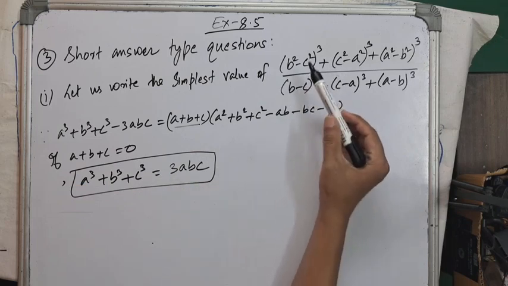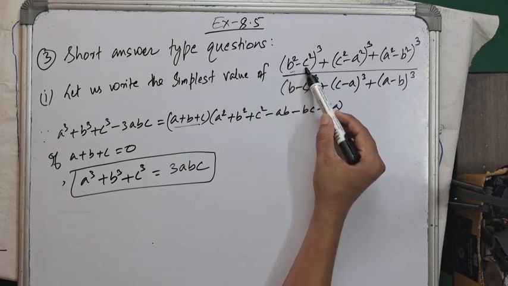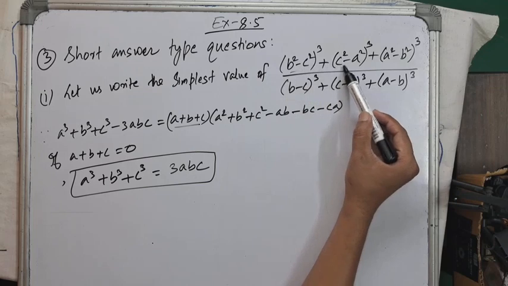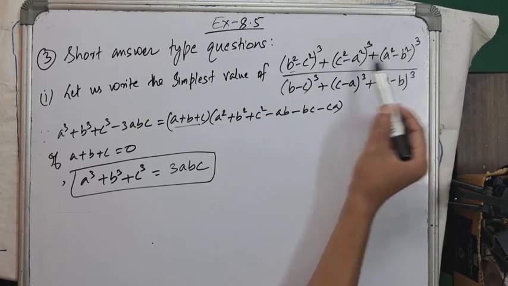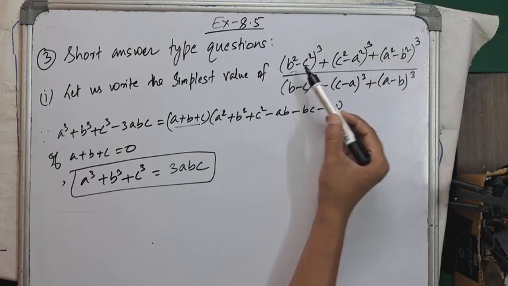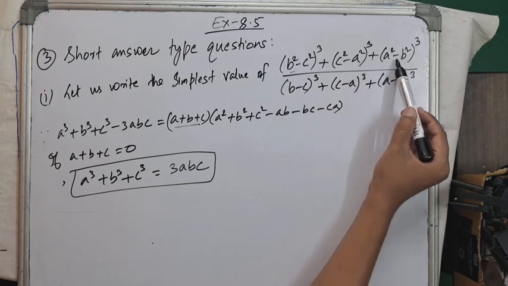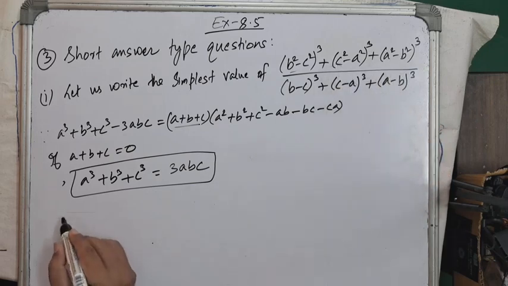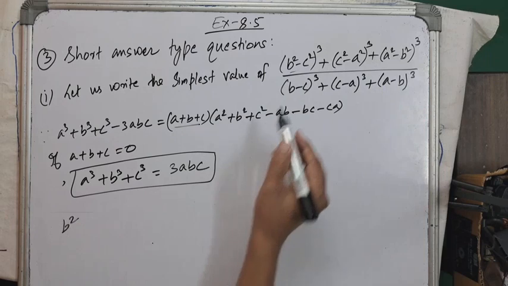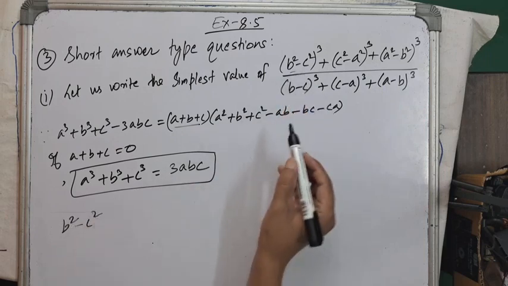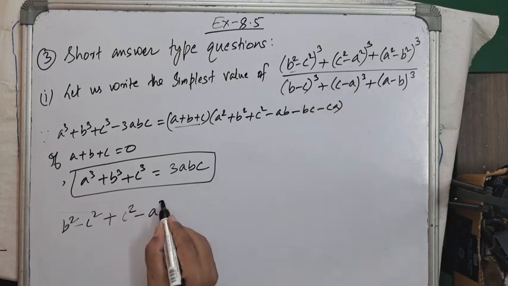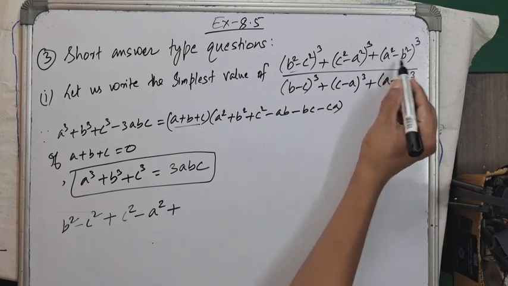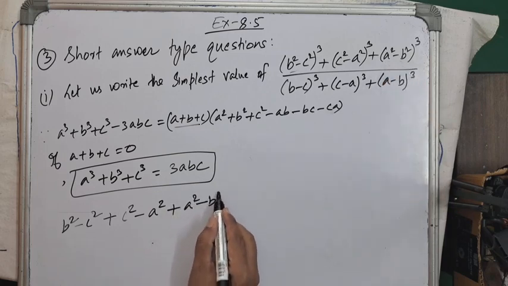Now we will find the value of this expression. First let's understand: let's suppose b² − c² as a, c² − a² as b, and a² − b² as c, so we have a³ + b³ + c³. Now let's find the value of a + b + c in this case. b² − c² is a, plus b is c² − a², plus c is a² − b².